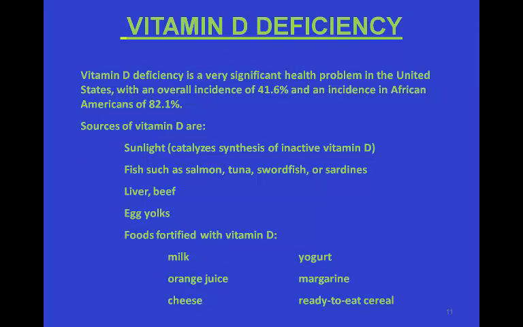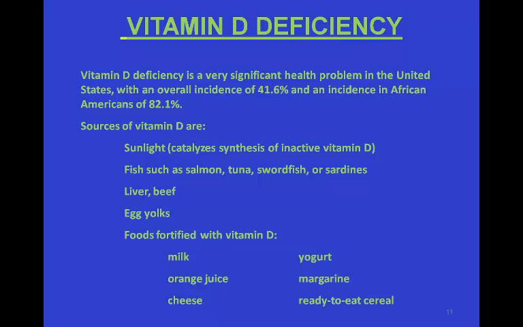Vitamin D deficiency is a big health problem worldwide and even in our own country. In the U.S., there's an overall incidence of about 42%. 42% of the individuals in our country are vitamin D deficient. In African Americans, that's doubled. It's over 80% of African Americans are vitamin D deficient.